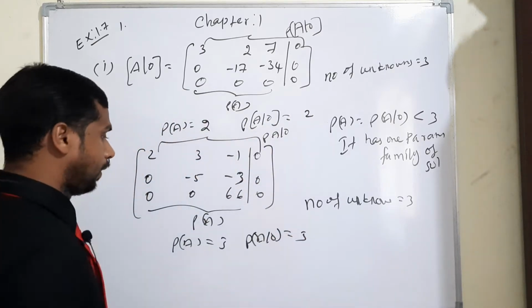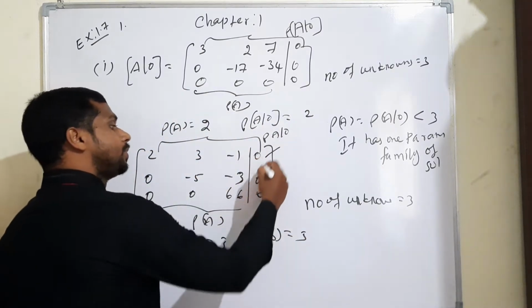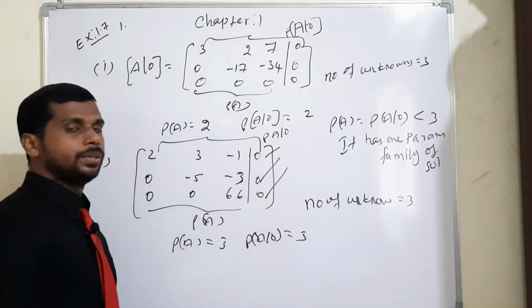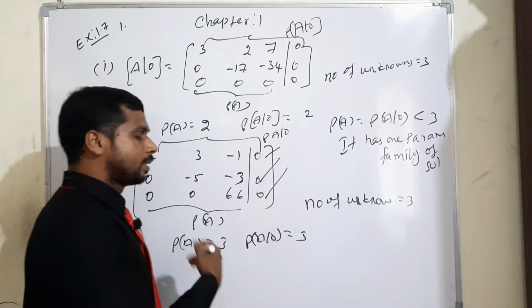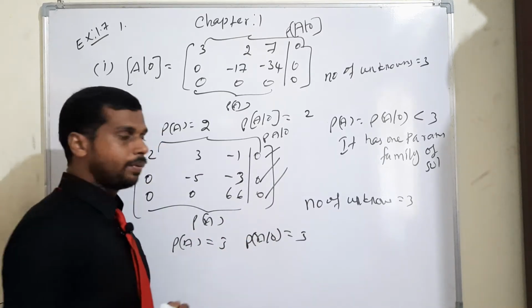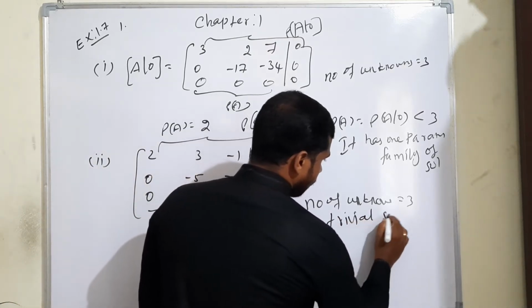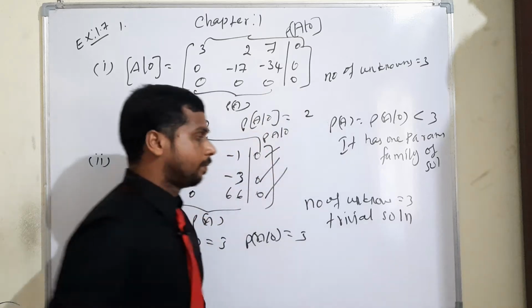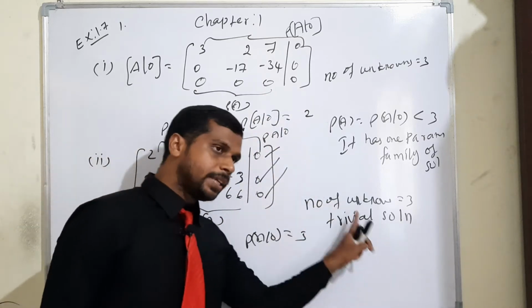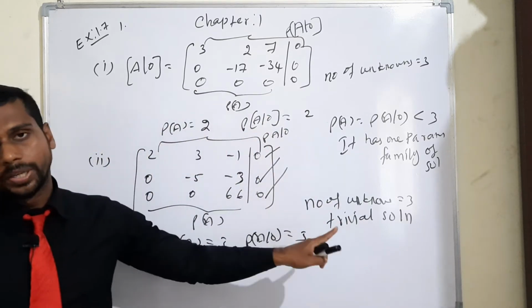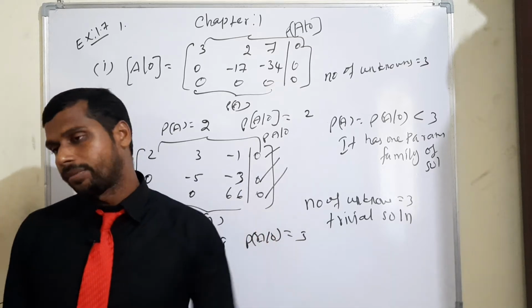Both will be equal, and x is equal to 0, y is equal to 0, z is equal to 0. Both times it will be 0, which is what I already told you, an important name: trivial solution. Since the rank is equal to 3, it is a unique solution, that is x equals 0, y equals 0, z equals 0, and that is the trivial solution.